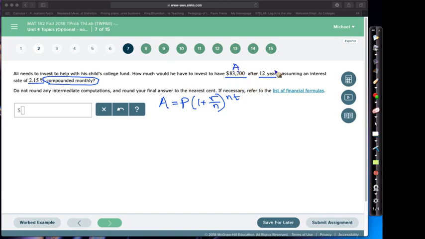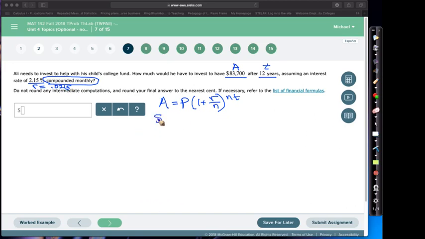The 12 years, that's our time, that's our t. The interest rate, that's our r. Again, we want to use it as a decimal, so we move the decimal over 2 places. It should be 0.0215. You could put a leading 0 on if you want. We fill in the formula and solve from there.